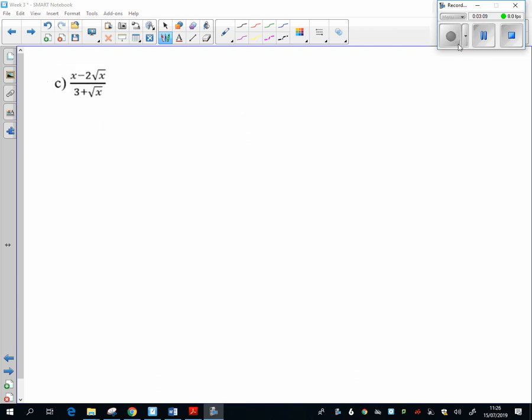Okay, and then part C, so again, we're rationalizing the denominator, so I need to look at what's on the denominator and multiply through by the same thing, with the sign changed, so that's going to be 3 minus root x. Okay, so I'm going to use FOIL.